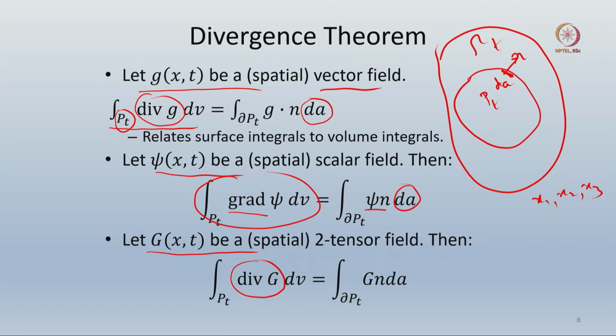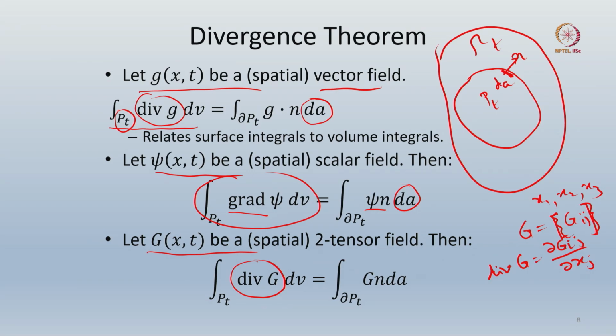Then this tensor G can be written as the matrix Gij, or you can close it by square brackets also. So in the indicial notation, the divergence of G will be simply the partial derivative of Gij with respect to xj.